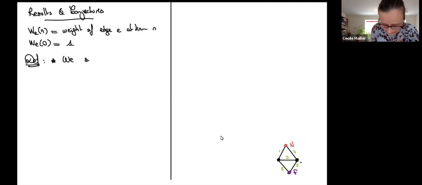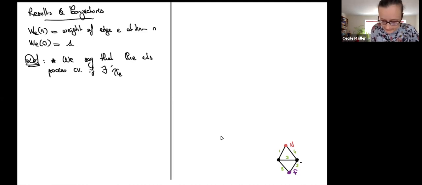We're going to say that the ant process converges if there exists some sequence chi_E indexed by the edges of my graph, which can be random variables, such that almost surely the weight of the edge E, when I renormalize it by dividing by n, converges when n goes to infinity to chi_E.